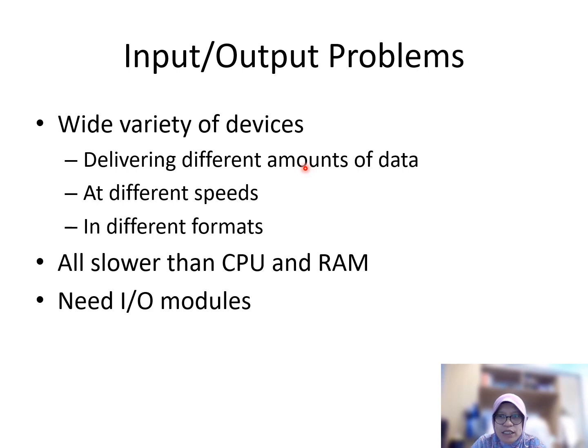The reader may wonder why one does not connect peripherals directly to the system bus. There is a wide variety of peripherals with various methods of operation. It would be impractical to incorporate the necessary logic within the processor to control a range of devices.